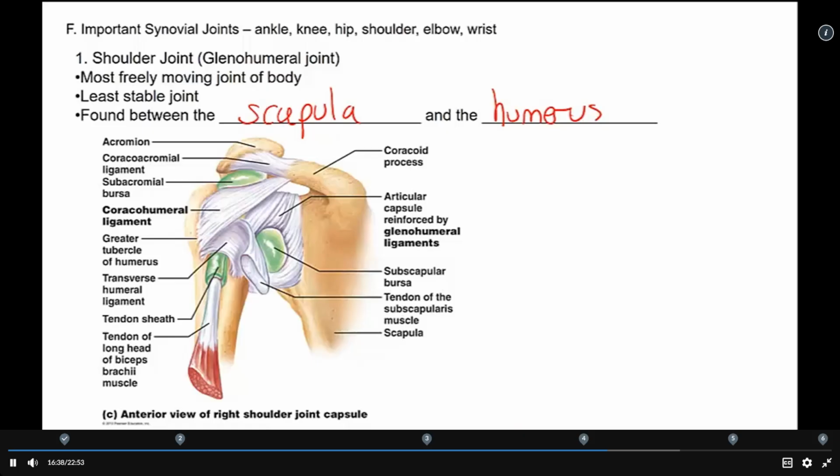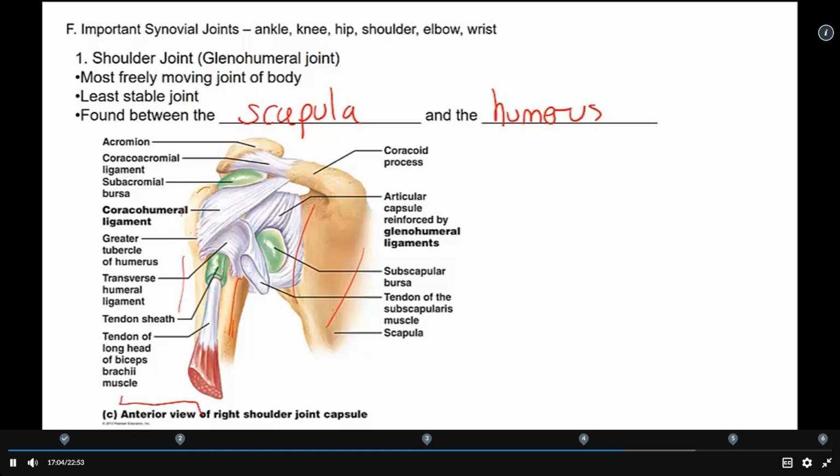A couple of things here: you'll notice in this picture that there are many ligaments. This is an anterior view. We've got the humerus, you can just barely see it here, and then you've got the scapula over here. You can see a large number of ligaments, and the ligaments can be named by the processes to which they're attached.